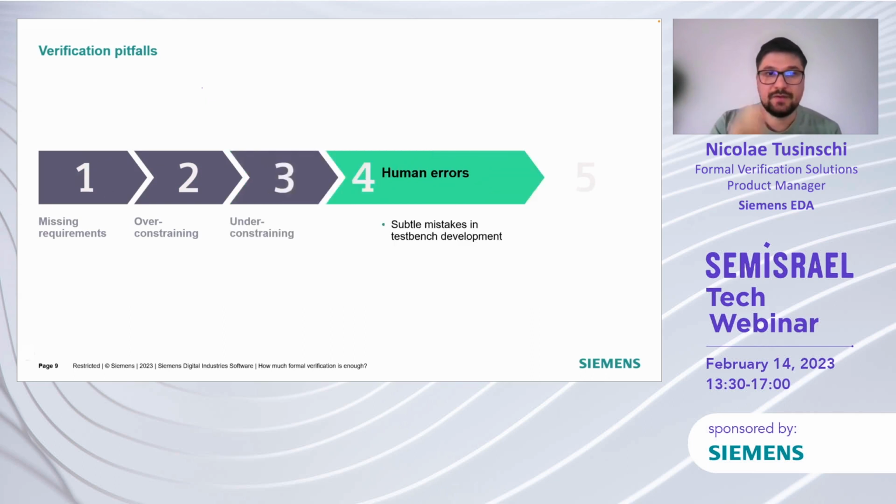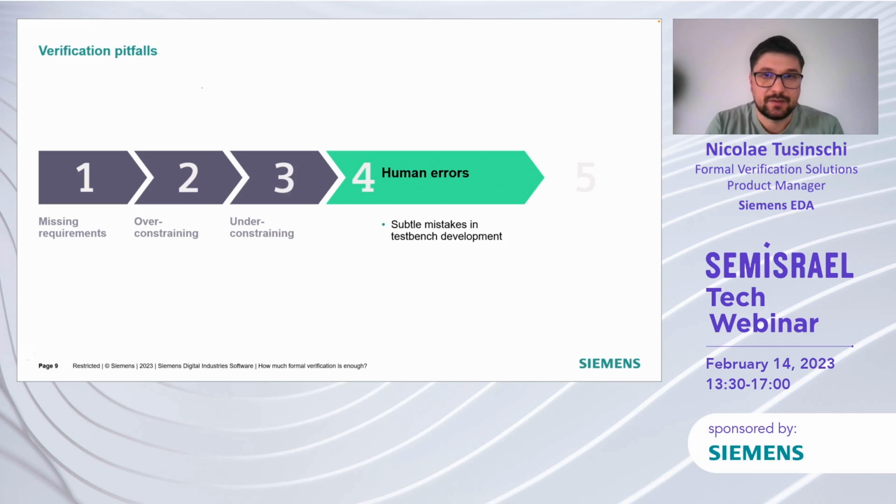And the fourth pitfall is human errors. You might argue that the first three pitfalls are included in human errors, but I wanted to split them out and say that what we mean by the human errors pitfall is the subtle mistakes performed in the test bench development.